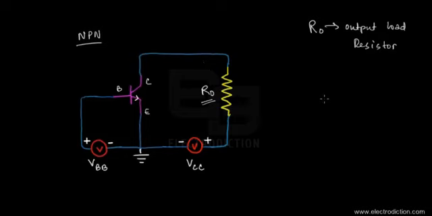Now if we apply a sinusoidal input signal at the input loop over here, let's call this sinusoidal signal source S. This source supplies a sinusoidal signal at the input.